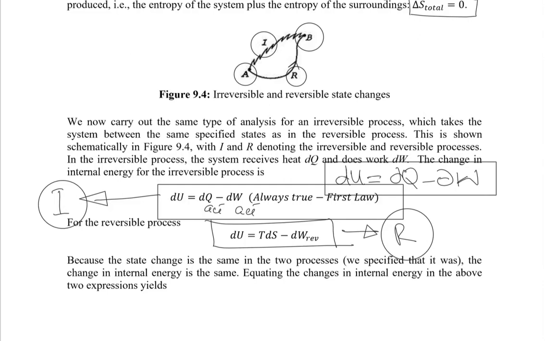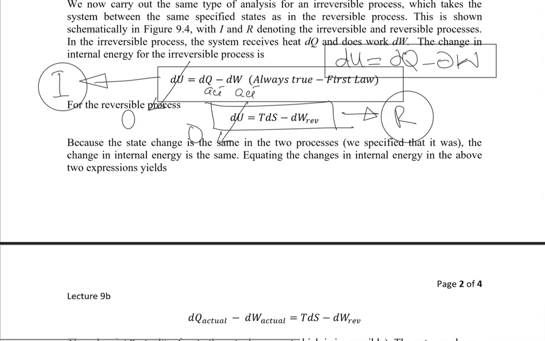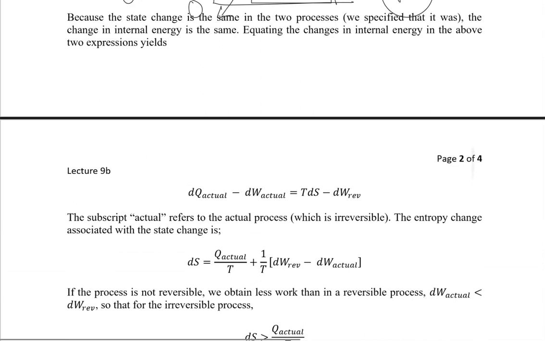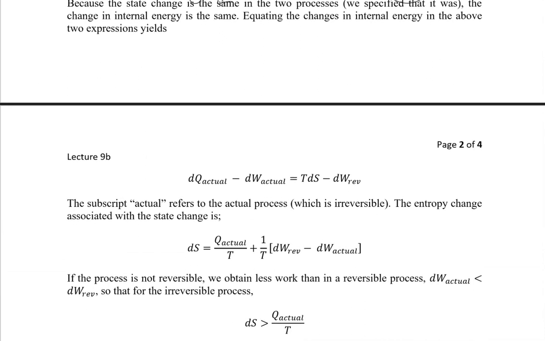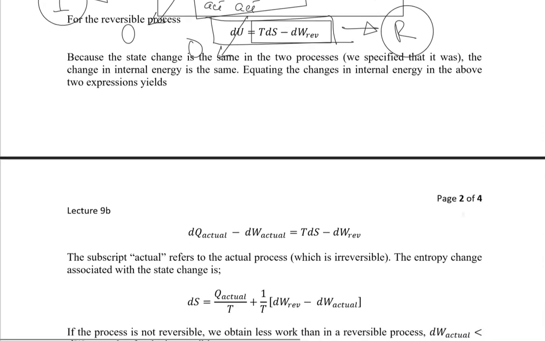For a cyclic process, going from state A to B and then coming back from B to A, the change in internal energy would be equal to zero, so we can relate these equations. This side of the equation would be equal to that side, so Q minus W would be equal to TdS minus the work done in a reversible process. That was my actual or irreversible process, and that was my reversible process.